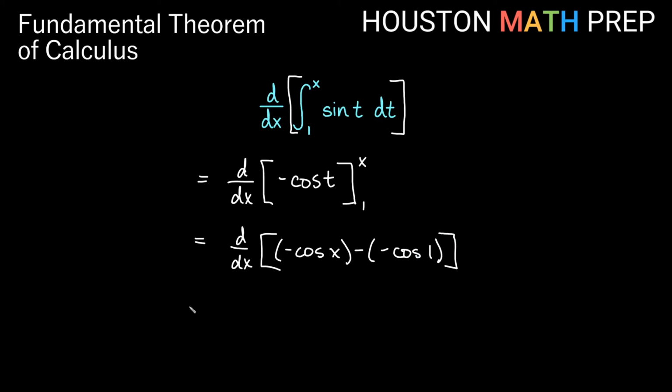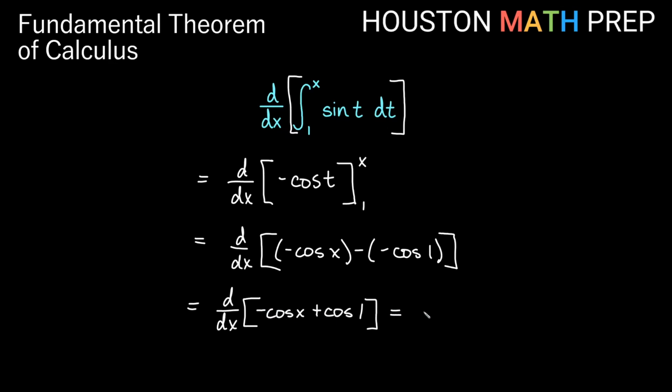We won't actually compute cosine of 1. Let's just go ahead and write down a slightly simpler way of writing this. So we'll say negative cosine x, that actually is plus cosine of 1, right? So you might be able to tell one of these is a function of x and one of them is a constant, right? So when I take the derivative with respect to x of this function of x, I should get something that is non-zero, right?